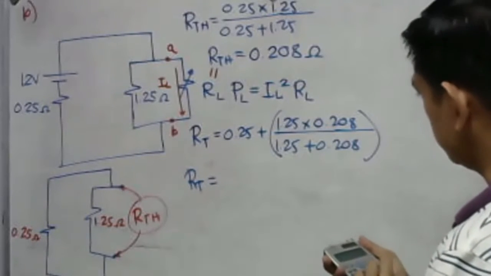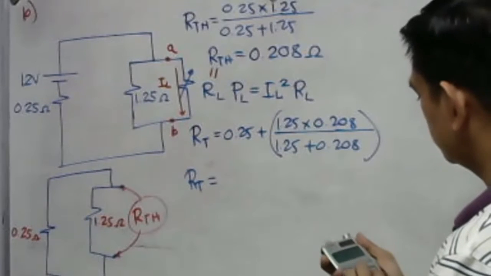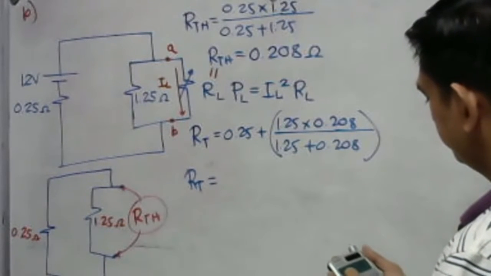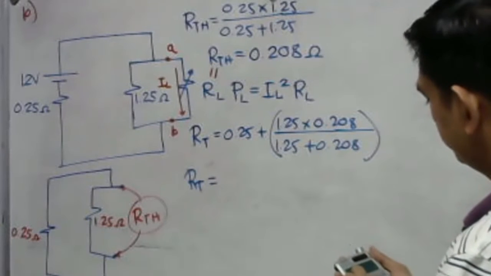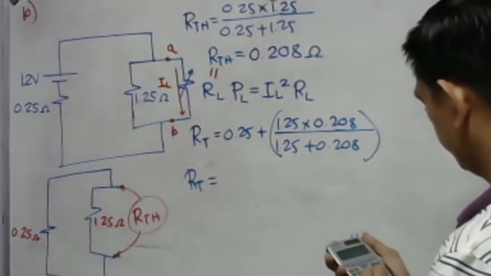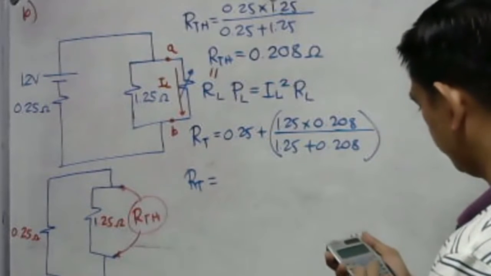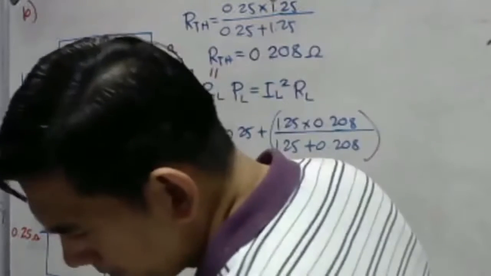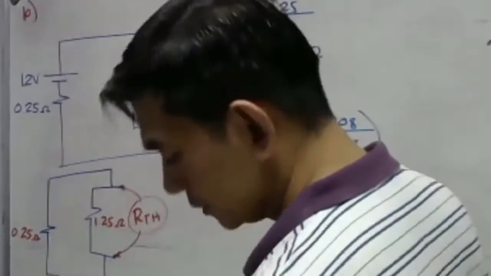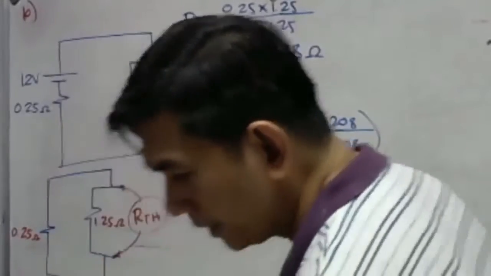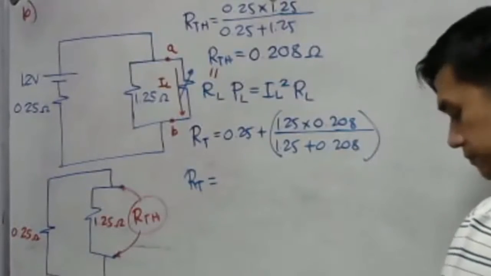Okay, so that is equivalent to, we have that one. Then we have to add the 0.25. So our answer is 0.428. Okay, 0.428.